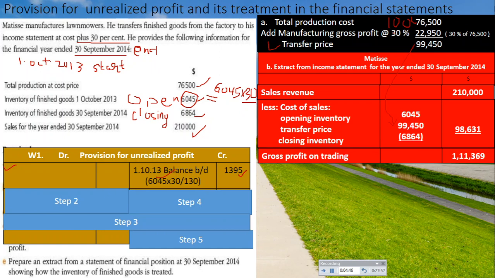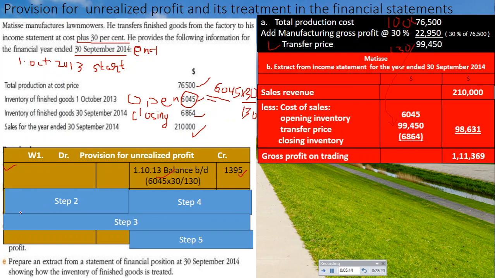This profit needs to be added, so 100 plus 30 becomes 130. So all transfer price is equivalent to 130%. That means 6045 is part of your transfer price, so that's your 130%. If you solve this with your calculator, you will get 1395 as your unrealized profit in the opening inventory.